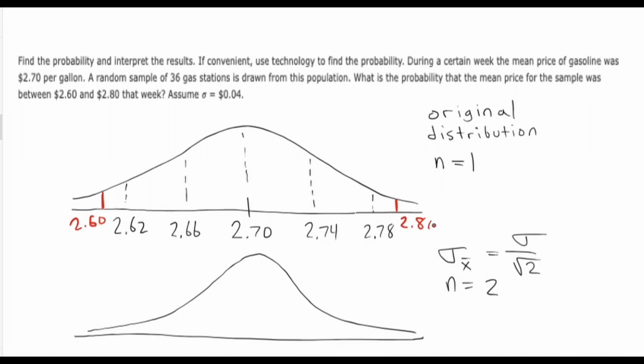Now, if they just wanted to know the chance of one station being between $2.60 and $2.80, we could find that using the techniques of the previous investigations that we did. And I'll do that just for comparison, the old versus the new. So if we want to know the chance of any given station being between 260 and 280, we've got to find this area. We could do that with, let's say, the online StatBook app.